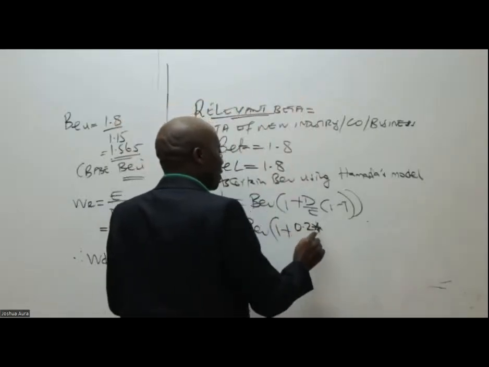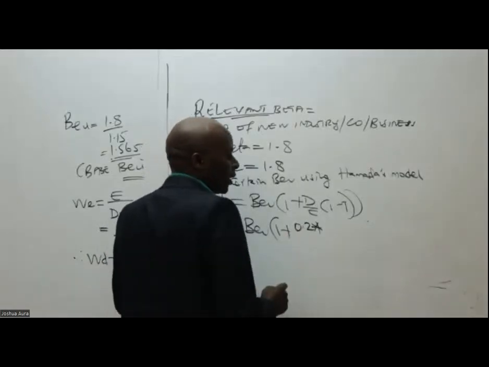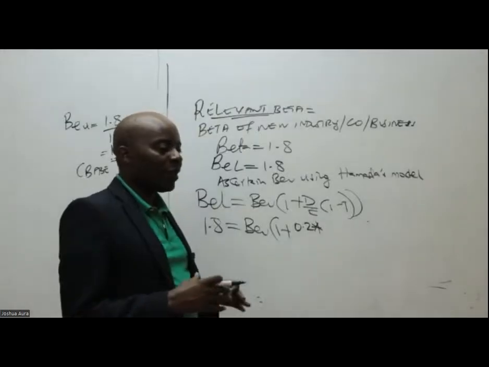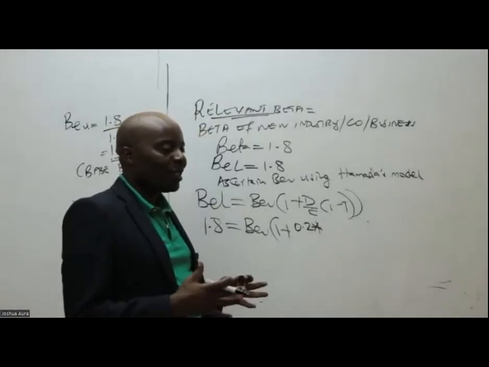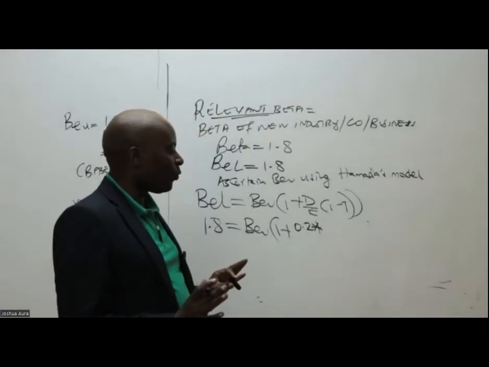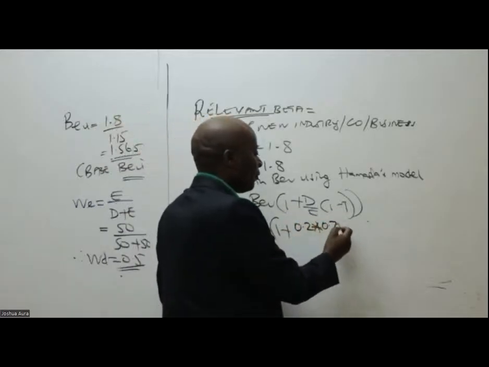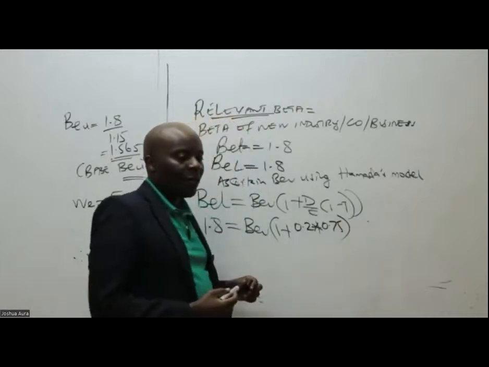Times 1 minus tax. Have they given me the rate of tax? Never assume it's 30%. In finance, if the tax rate is not given, take it to be 0.25. So 1 minus 0.25 gives me 0.75.